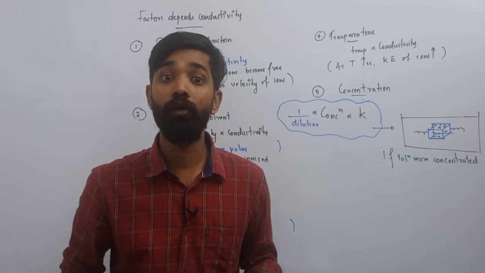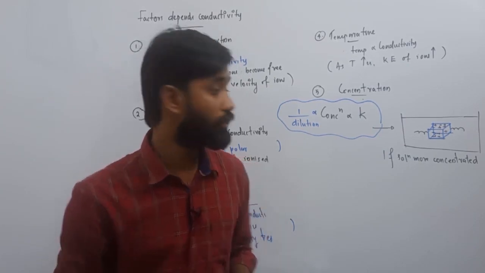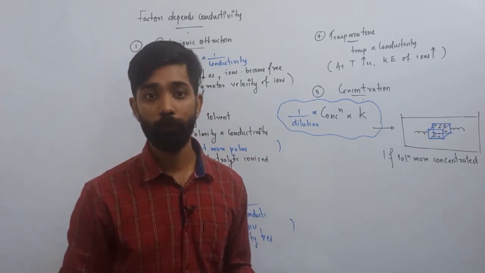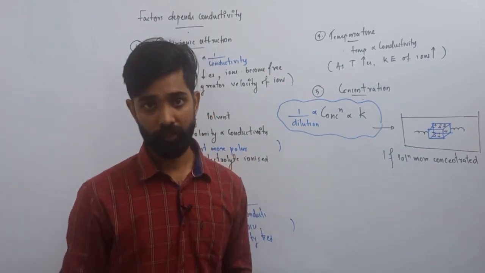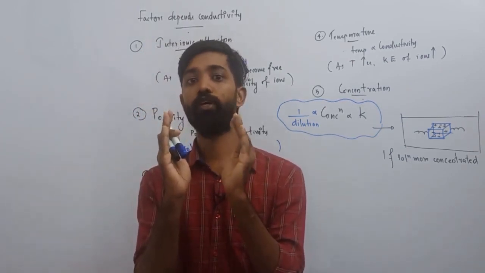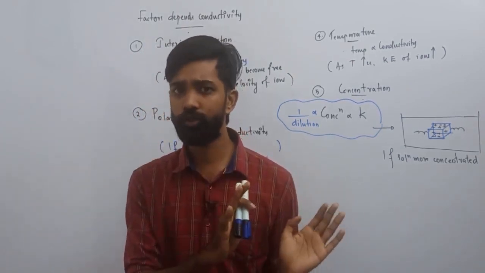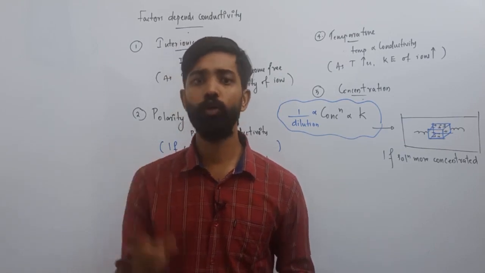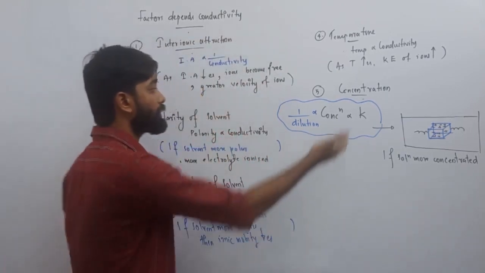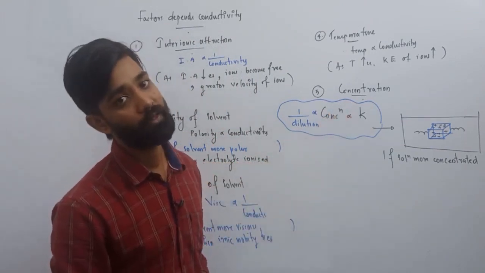If the whole portion has a lot of ions, then our unit volume also has a lot of ions. So the number of charge carriers in a unit volume increases if the concentration increases. If the number of ions in a unit volume increases, no doubt its conductance increases.